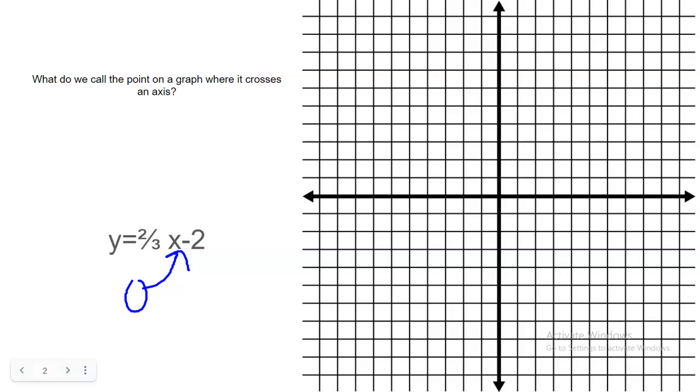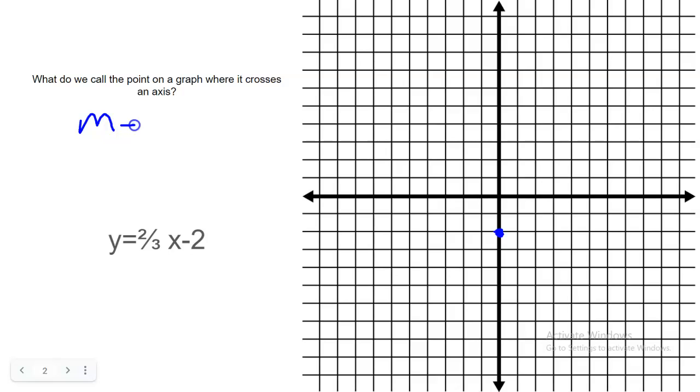So if I did that here, if I plug 0 in for x, 2/3 times 0 is just 0, so I'd have y is equal to -2. So that's one way to find my y-intercept.